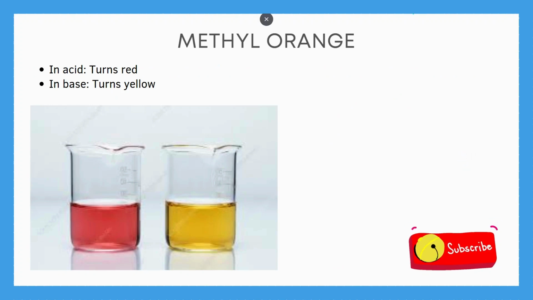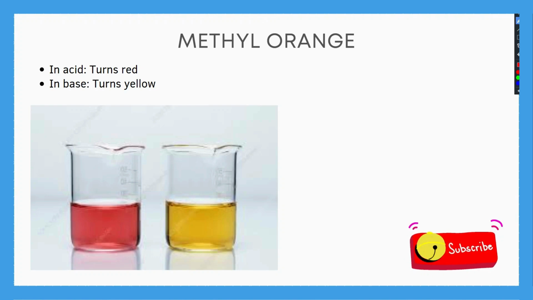That brings us to methyl orange, which is the second liquid indicator that we want to talk about. Now, methyl orange is also in the liquid state of matter. When you place methyl orange in an acid, it turns red, like we can see over here. The color change that was shown is the color red, and when you place methyl orange in a base, it turns yellow.